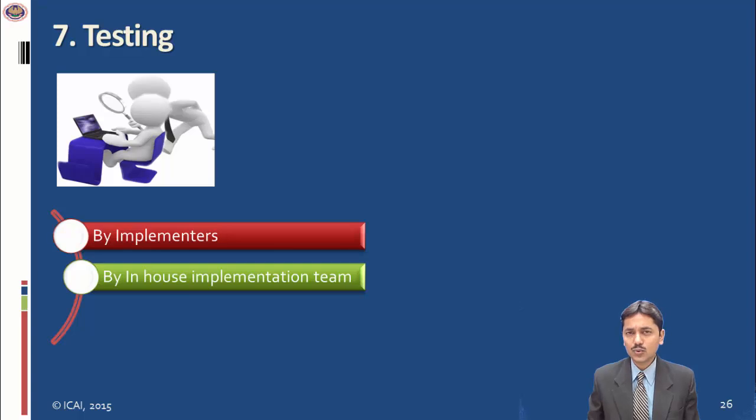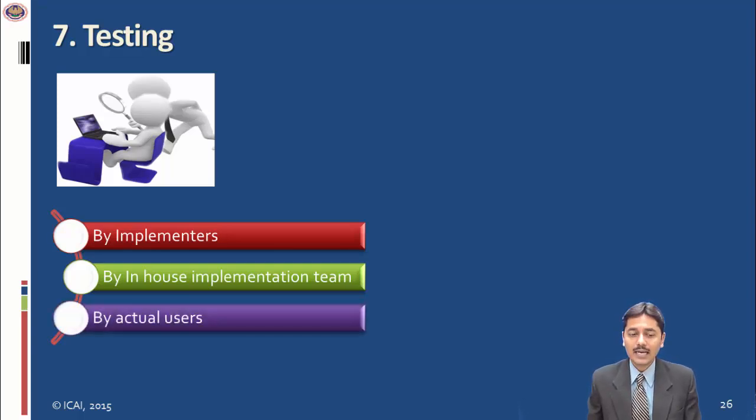Testing by these two types of groups, that is the group of implementers, the persons from outside the organization, and the in-house implementation team, shall be technical testing. Implementers will test their own system. The in-house implementation team will test for the results, and once this is over, it shall be tested once again by actual users.